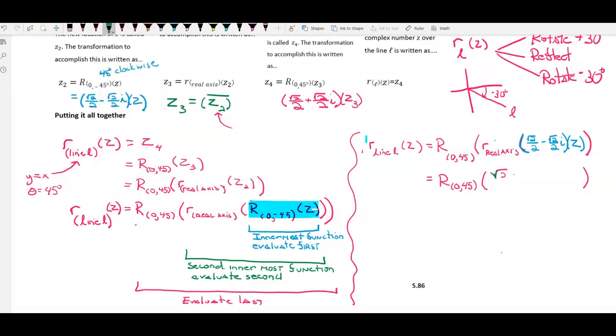So the conjugate of that blue part is root 2 over 2 plus root 2 over 2 i times the conjugate of z, and that's what my next line looks like.